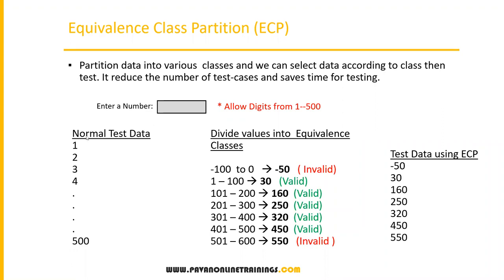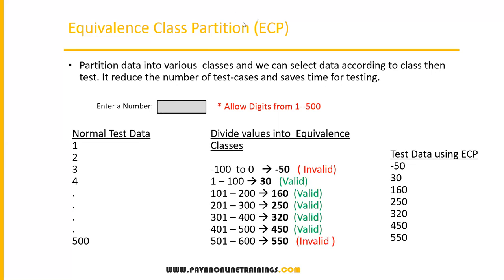That is normal test data. Instead of testing all the numbers, we can just use the equivalence class partitioning technique, or ECP technique, and we can reduce the data. At the same time, we can cover everything. We need not miss anything here. With a small set of data, we can cover each and every scenario.